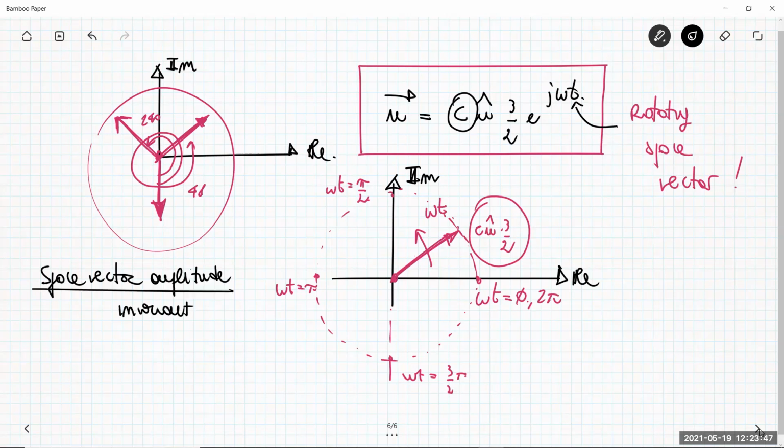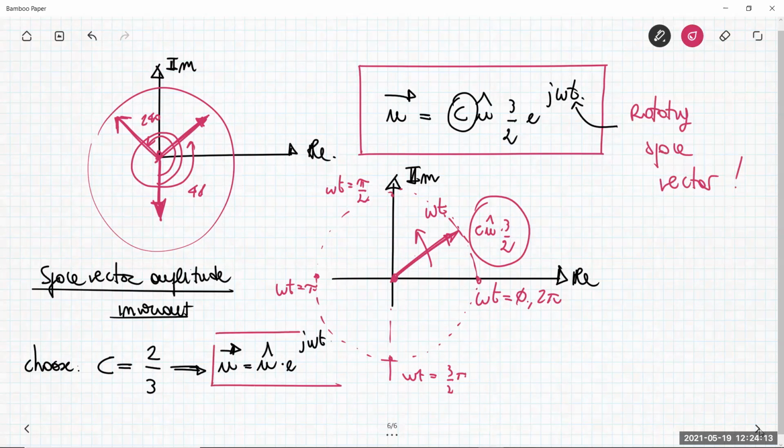This kind of definition means that I'm choosing C to be exactly 2 divided by 3. In this way, the rotating space vector is exactly u hat e to the j omega t.